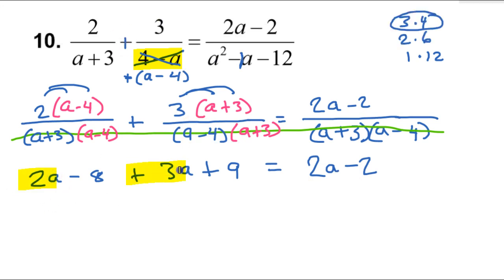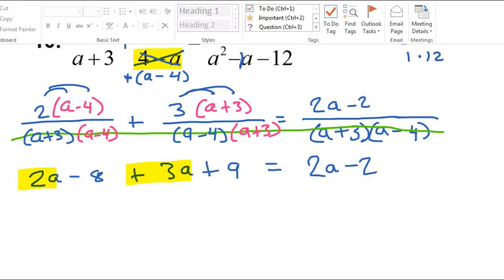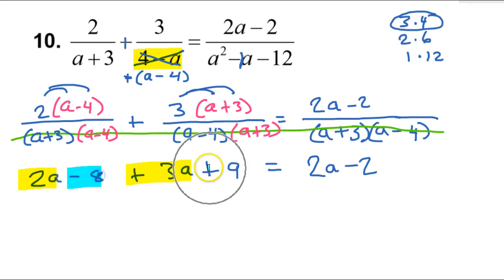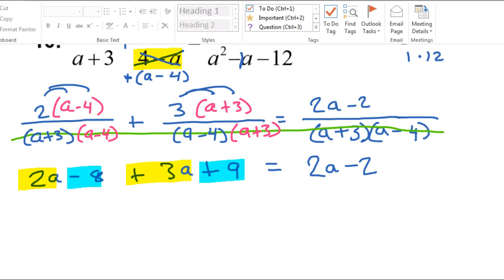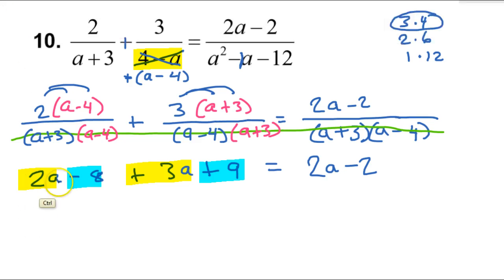Boom and boom, like terms. And also the constants. Okay, so combining like terms will give me 5a plus 1 is equal to 2a minus 2.